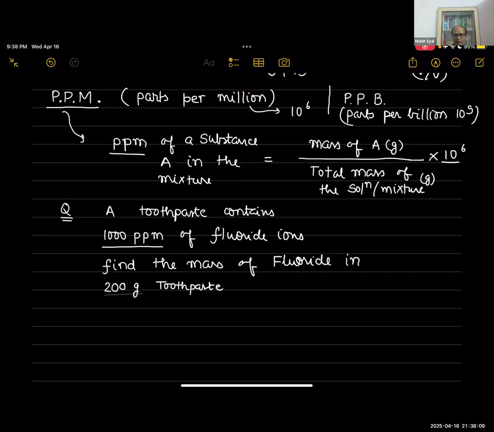So Aisha, have you understood the problem? Yes. Okay, use this formula.